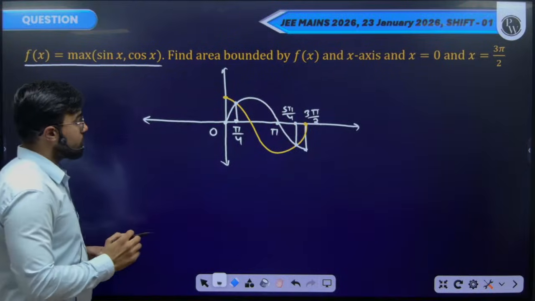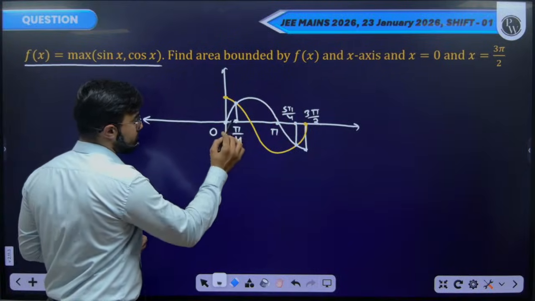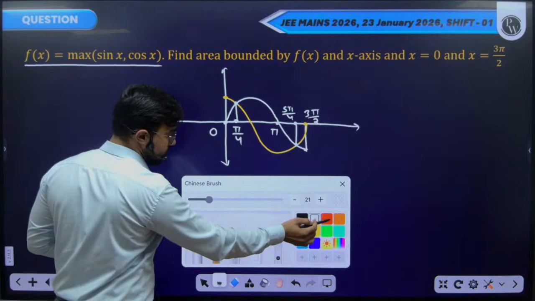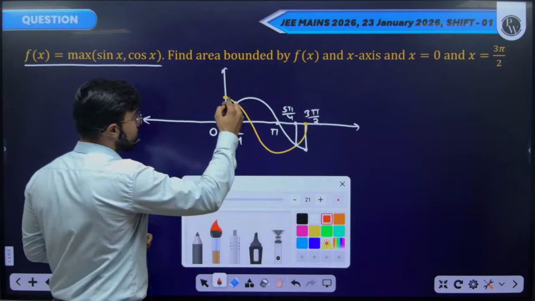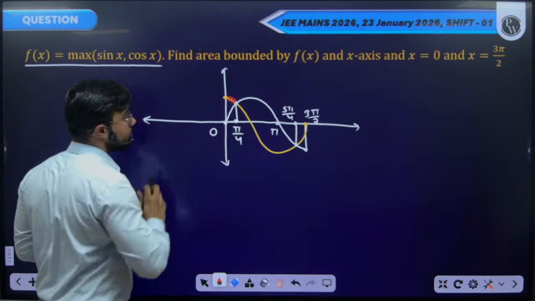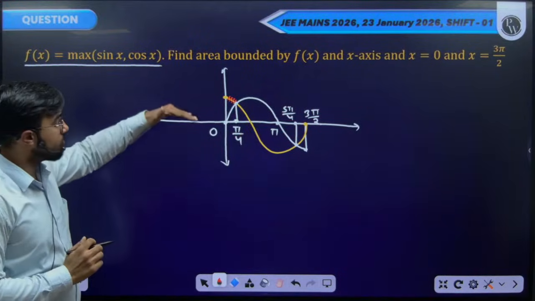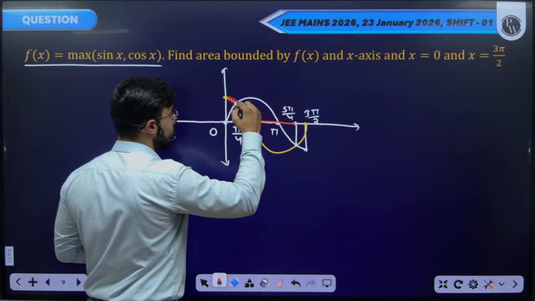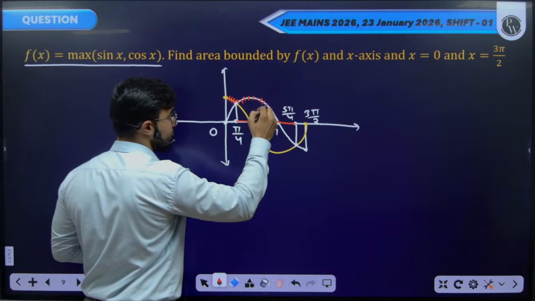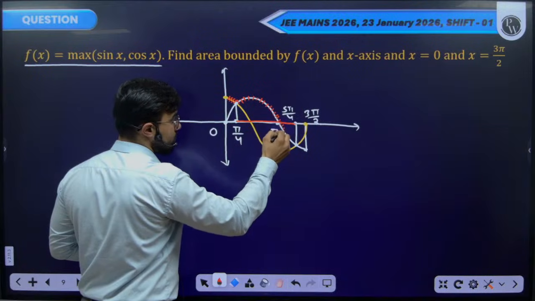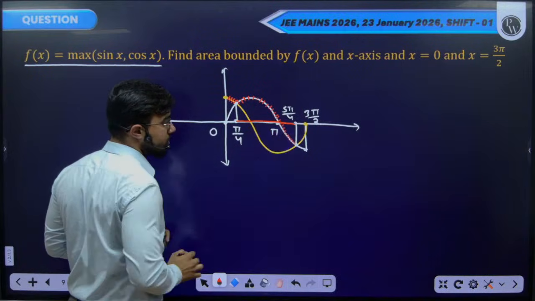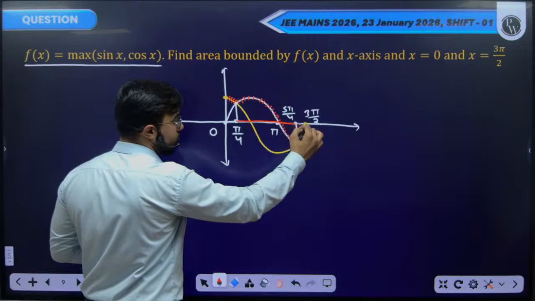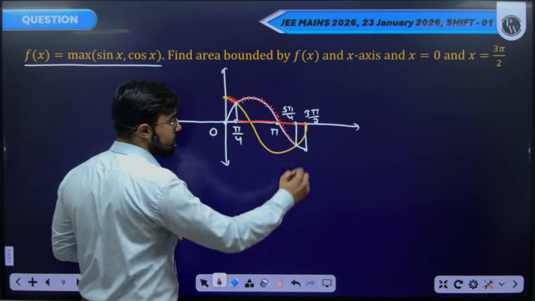Right? Now see, from 0 to pi by 4, which value is maximum? The cos graph is maximum. For pi by 4 to this, which graph is maximum? This one is your maximum, right? Now for 5 pi by 4 to this, which one is the maximum?